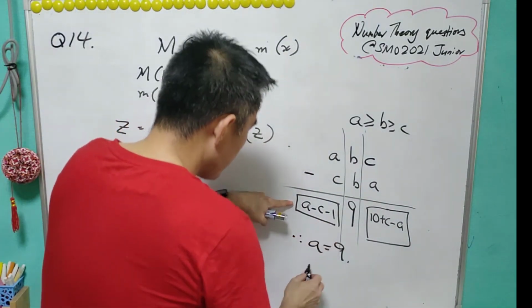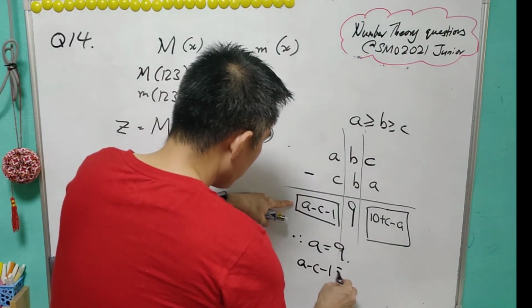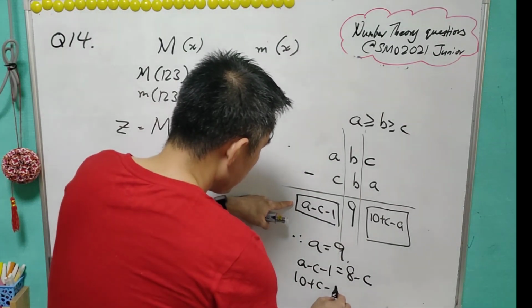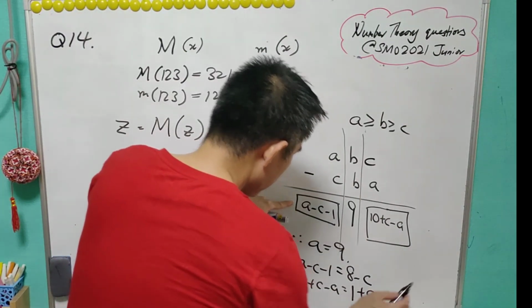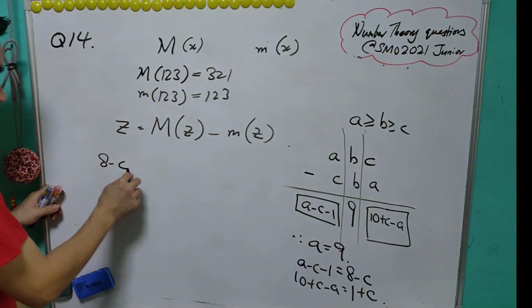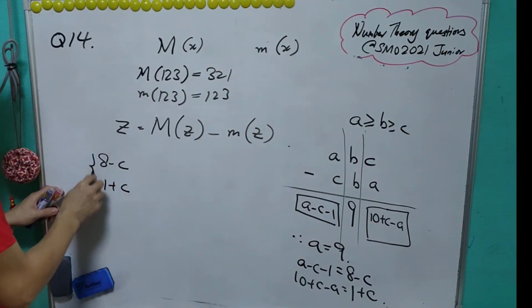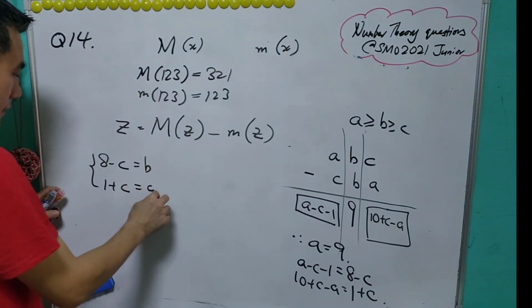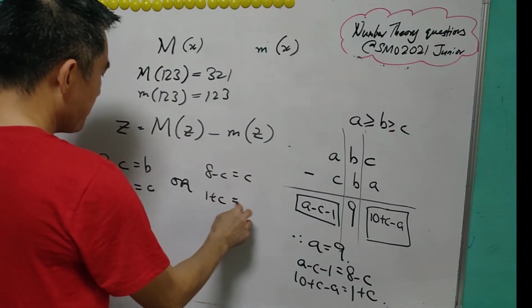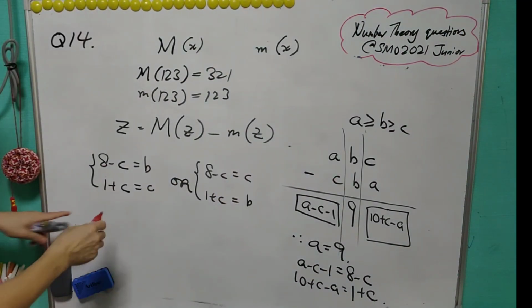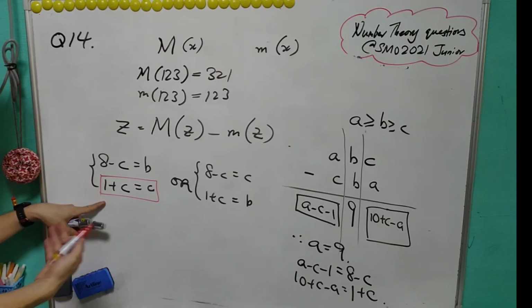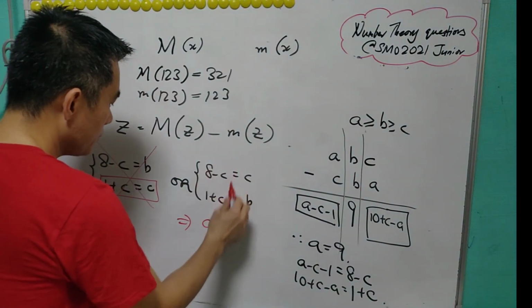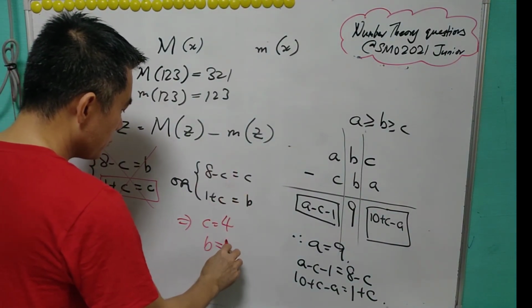Then, from here, we know that A minus C minus 1 must be equal to 8 minus C, and 10 plus C minus A must be equal to 1 plus C. And therefore, 8 minus C and 1 plus C must be either equal to B and C or C and B. Obviously, this is not valid. We will obtain 1 equals 0. So this is not possible. And therefore, we will have C equals 4 and B equals 5.